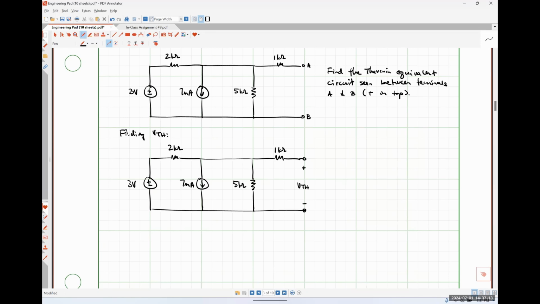So how do you suggest that we go about solving for this Thevenin voltage VTH? We could do nodal analysis. So we definitely could.